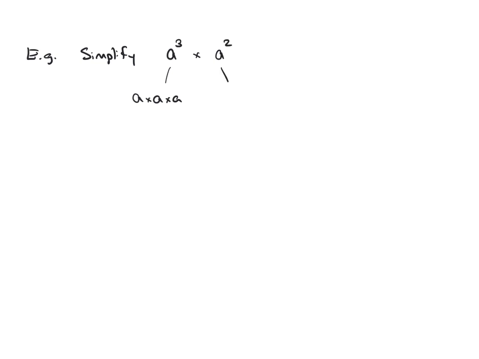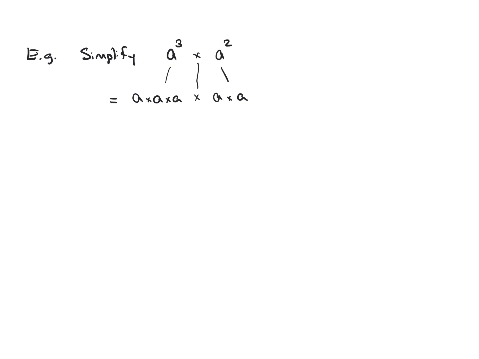That's 2 copies of A, so A times A. We'll also copy down the multiplication symbol in the middle and transfer it to the next step. So A cubed times A squared equals A times A times A times A times A.